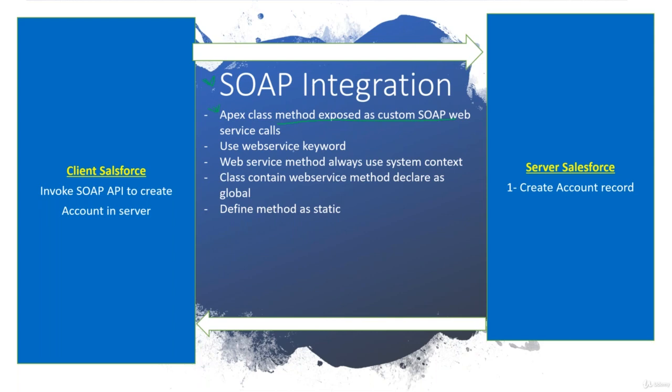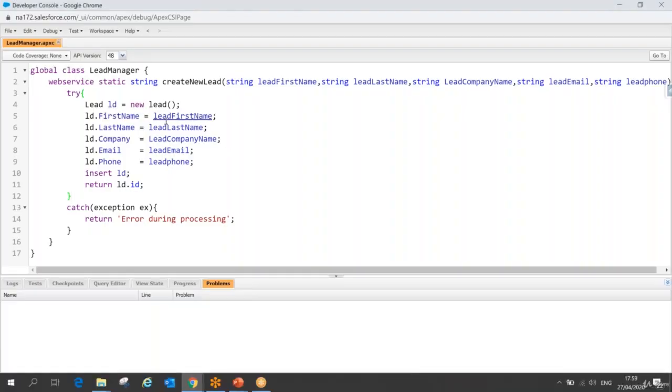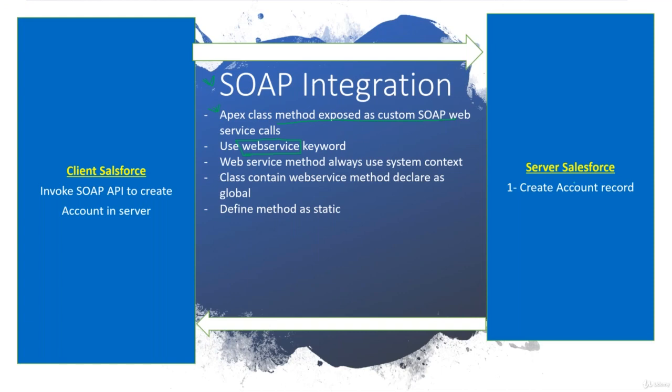Each method which is going to be exposed needs to be added with the webservice keyword. If you see here, I have created this method and I have set it as a web service method. And the moment you use any web service method, the class should have the global access specifier, because as I said, it's going to communicate with an external system. So externally, when I want the class to be available, I have to make the access specifier global.